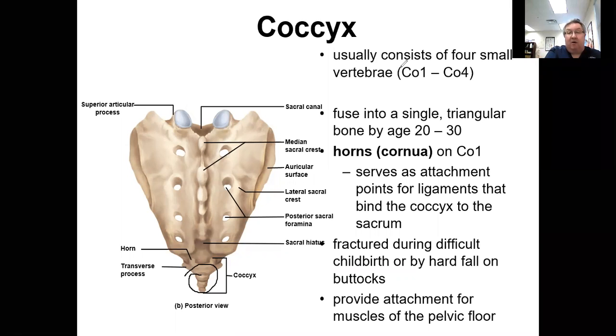They are the 4 bones at the bottom. I'm not worried about the information. It is a frequently fractured bone, because people fall on it kind of hard. And it's an attachment point for many of the muscles of the pelvic floor, which we're not really going to go over.